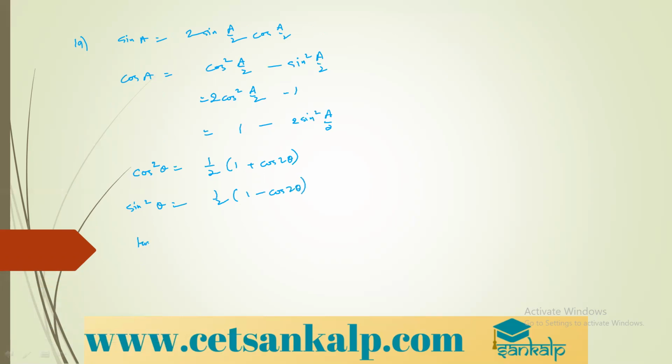And tan square, I will write this formula also: tan square theta is (1 minus cos 2 theta) by (1 plus cos 2 theta).